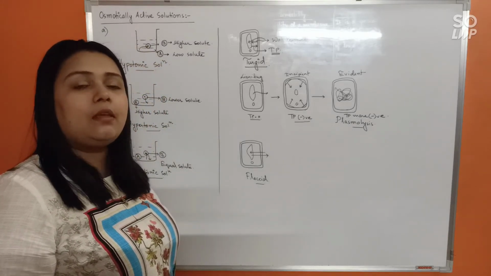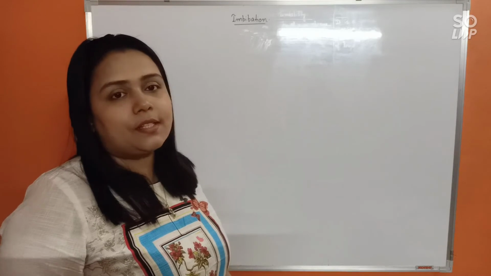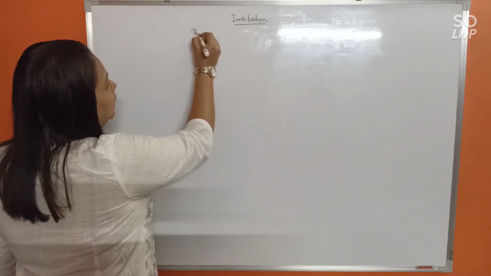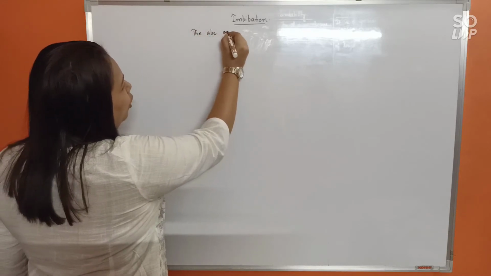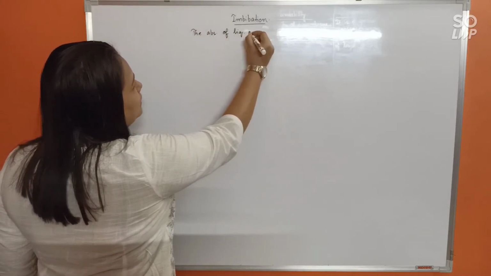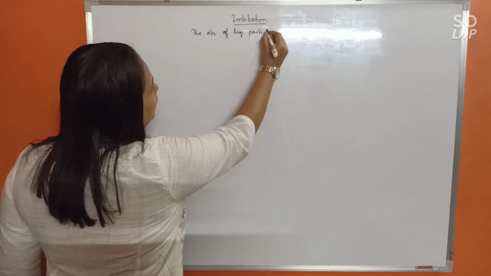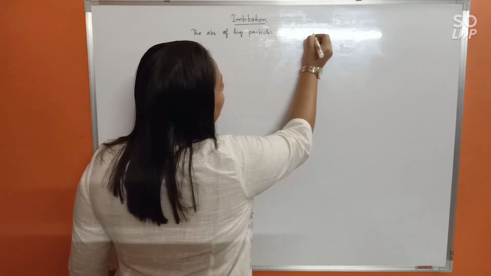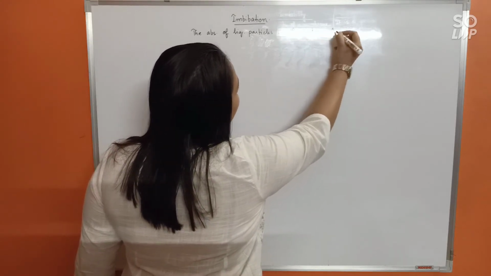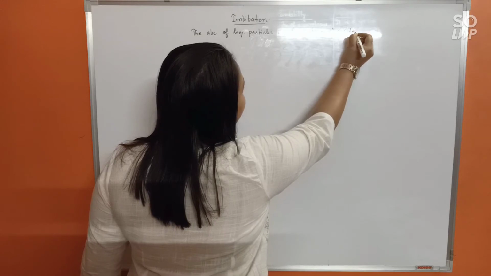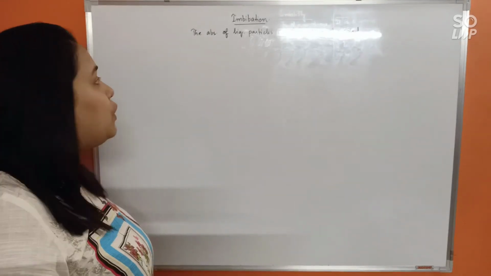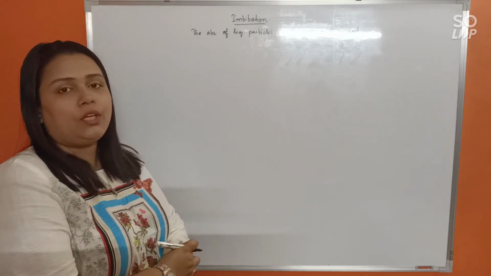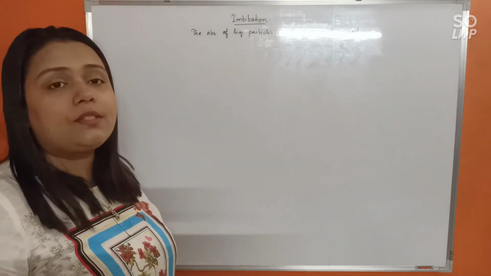Next, let's discuss imbibation. So now let us discuss imbibation. Imbibation is basically the absorption of liquid particles on the surface of a solid, when the liquid and solid would remain together but without forming a solution.